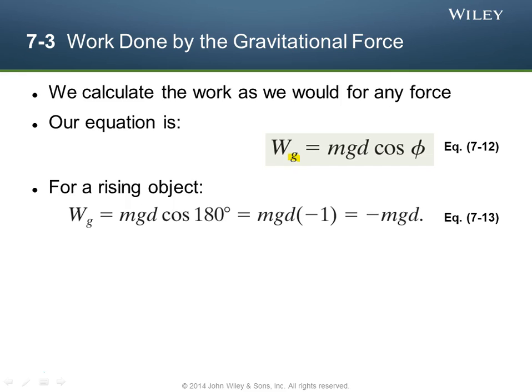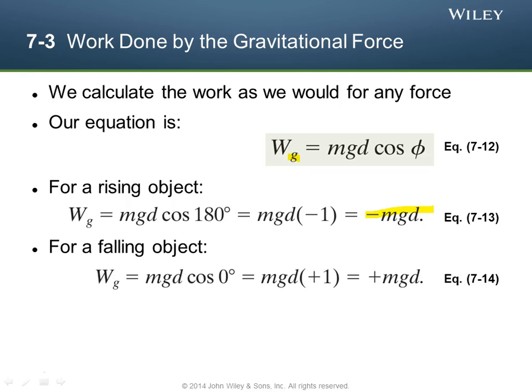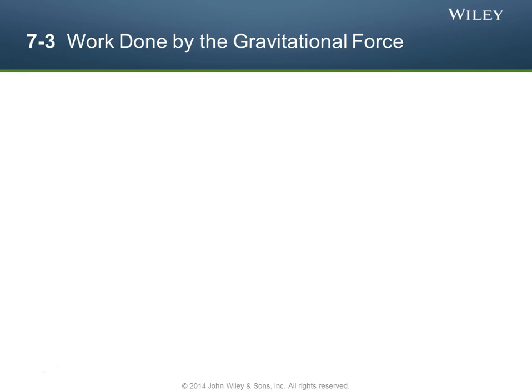Now keep in mind, this is the work done by gravity, not the net work on the object. Okay, so we're only looking at displacements going up, so the work done by gravity is going to be a negative mg times the displacement. Whereas for an object that's falling, well, then the angle between the force and the displacement will be 0, so that means we'll get a positive mg times the displacement.